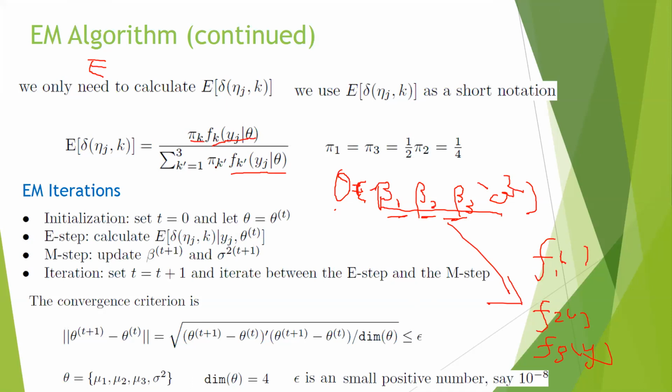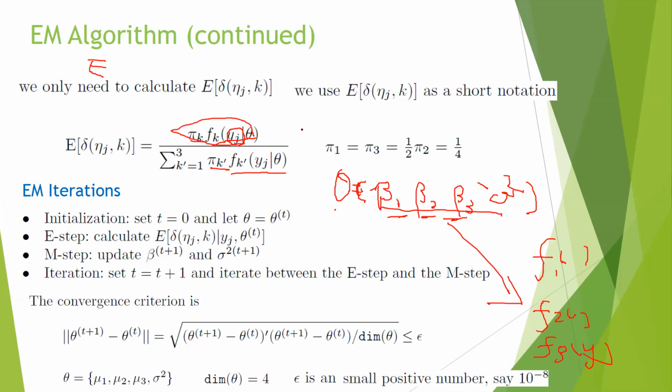And we also know the mixing proportion, because this is the F2 population. Then everything is known. And what do we know here? We know this individual's phenotypic value. That's the data. So we can easily calculate this.